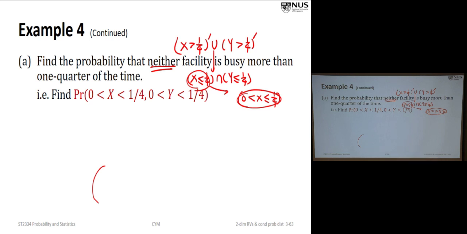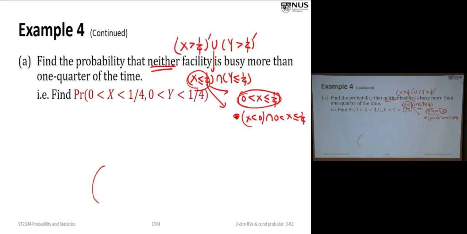But in terms of probability, both events are the same, because the probability of x less than 0 is equal to 0. This event will never occur. So in other words, what I'm trying to do is to express this into x less than 0 and x between 0 and 1/4.